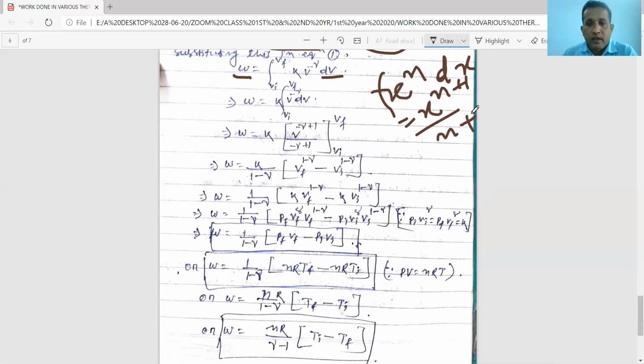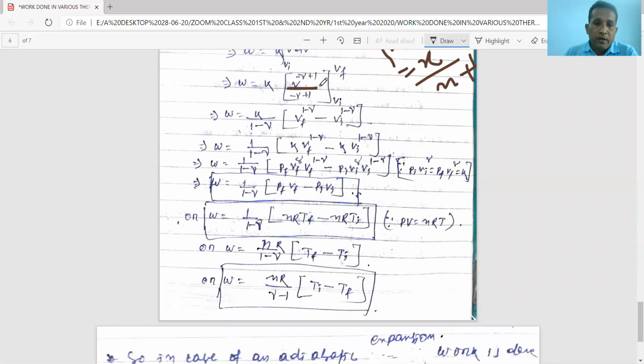This is the basic formula of integration. So V to the power minus gamma integrates to V to the power minus gamma plus 1 divided by minus gamma plus 1, lower limit Vi, upper limit Vf. Putting the upper limit minus lower limit, so W equal to K by 1 minus gamma, bracket Vf to the power 1 minus gamma minus Vi to the power 1 minus gamma, upper limit minus lower limit.